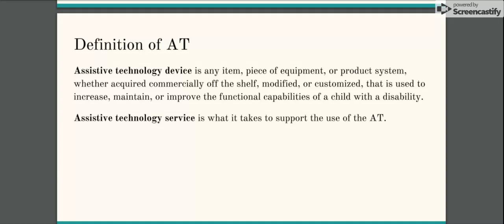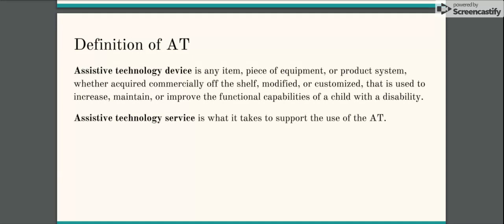So it's not always about learning more things. As you see, the word maintain is in there. So sometimes it's just being able to keep consistent with what you're able to do. And then also the term functional capabilities.